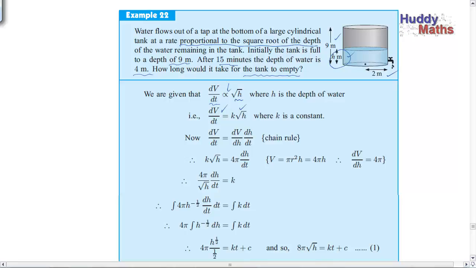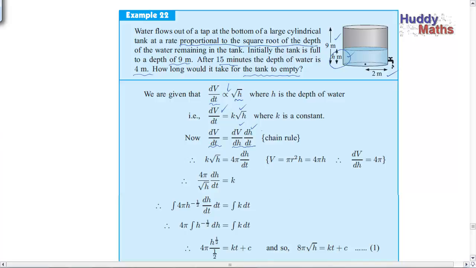If we now have a look at this line here, dV by dt, we can change this to dV by dh times dh by dt, because at the moment we need to work in the idea of the height, the depth of the water, changing, and we want to bring in the depth of the water there.